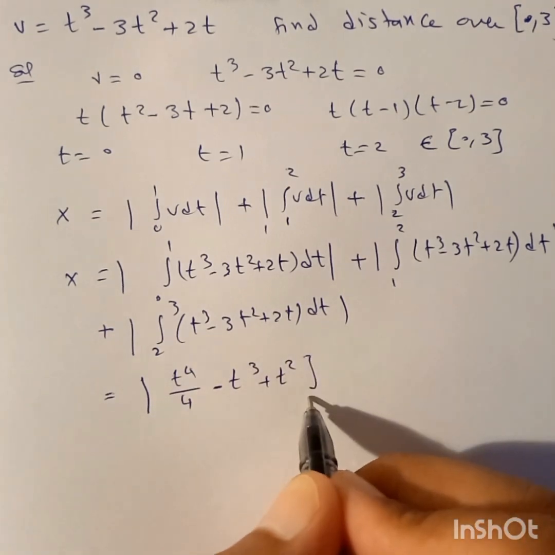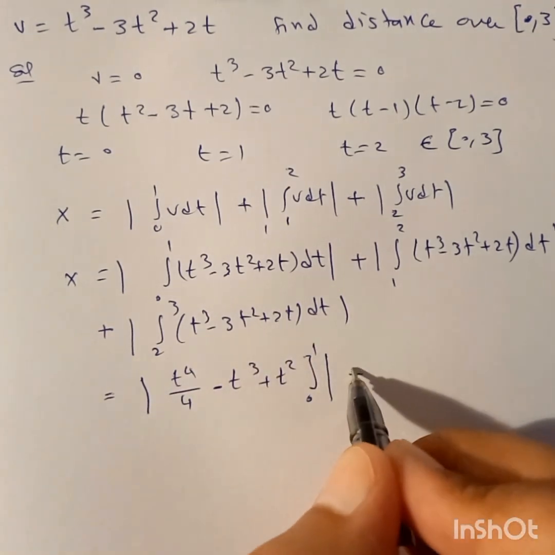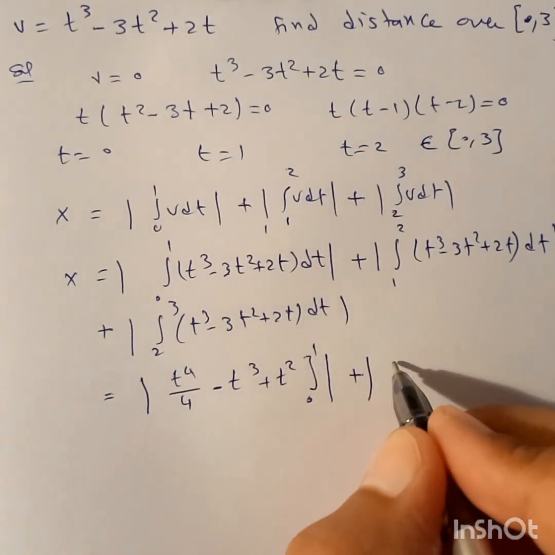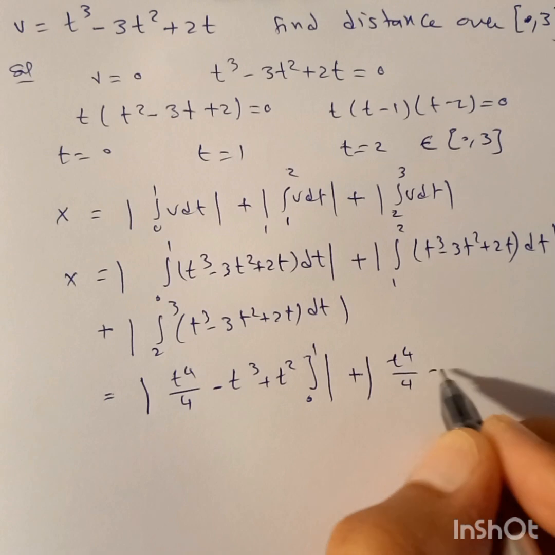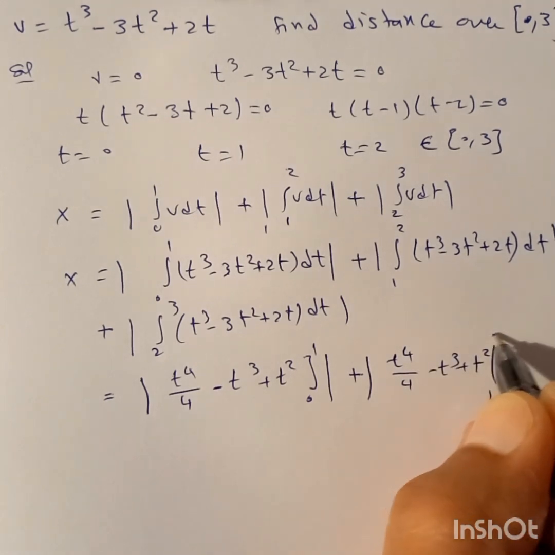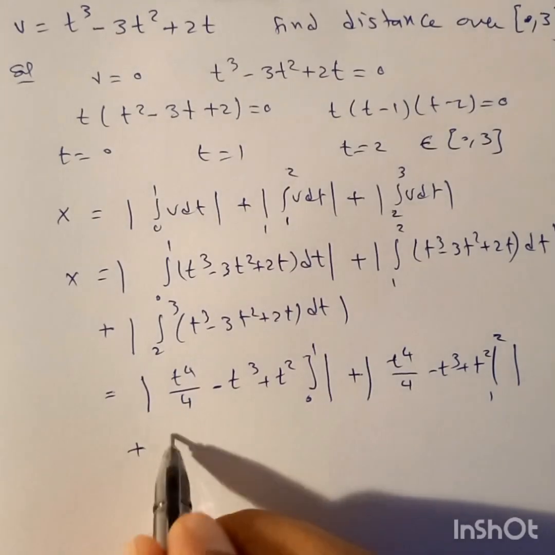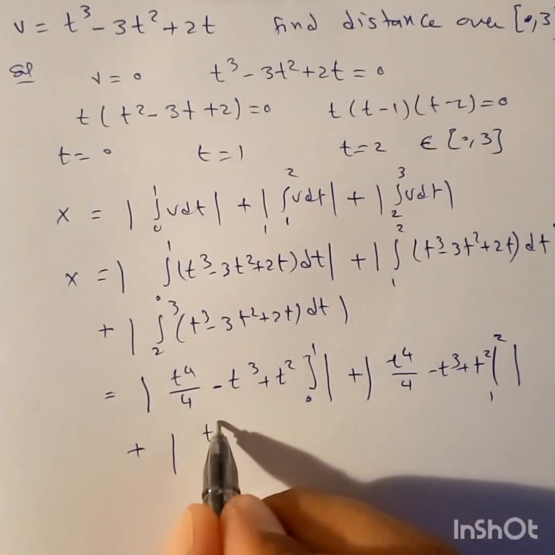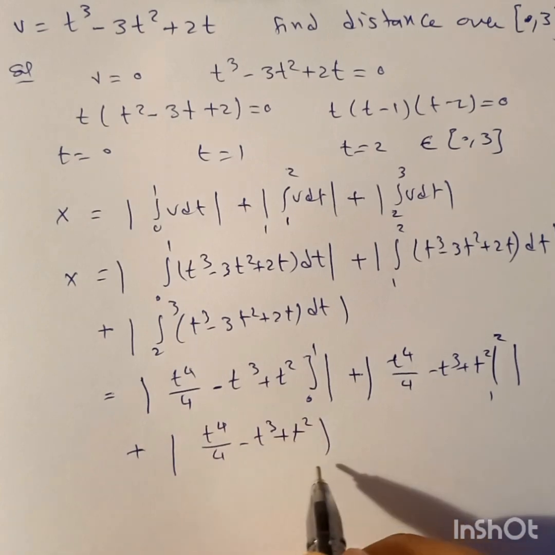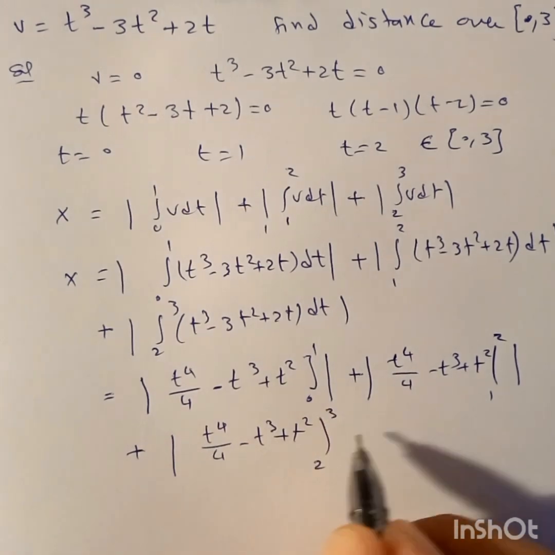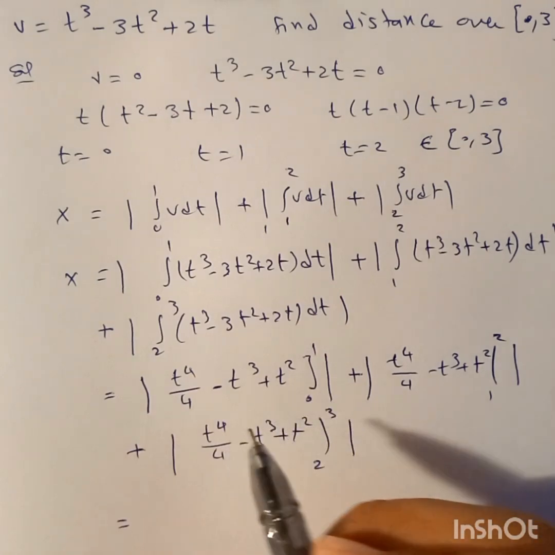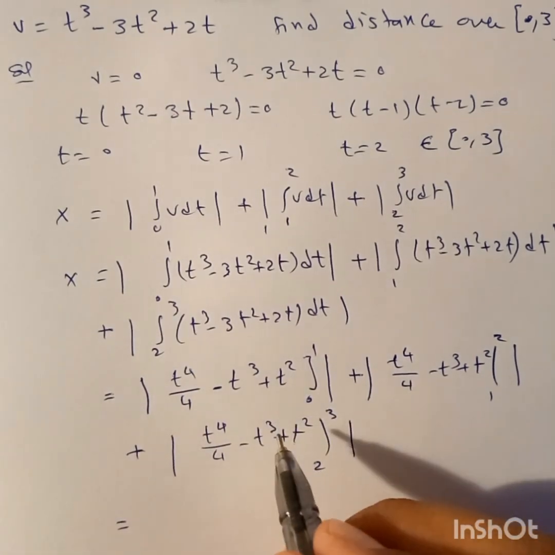Okay, this is from 0 to 1 and this modulus, and we have the same quantity t⁴ over 4 minus t³ plus t² from 1 to 2, and this is a modulus, and finally we have this last modulus t⁴ over 4 minus t³ plus t² from 2 to 3. Now we can substitute the upper term minus the lower term in each of these integrations.